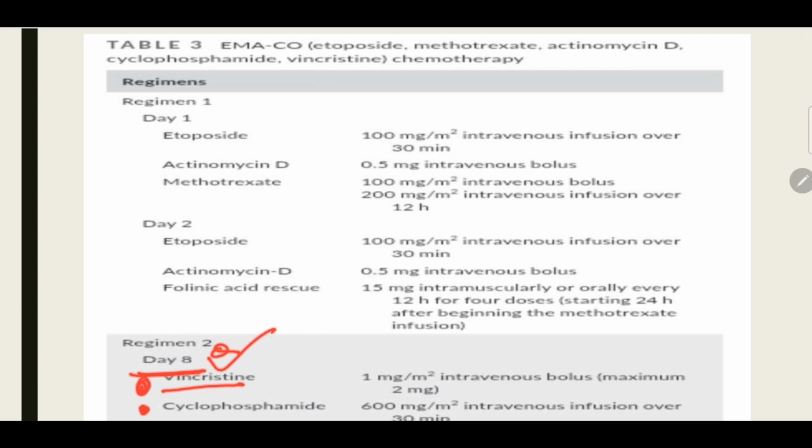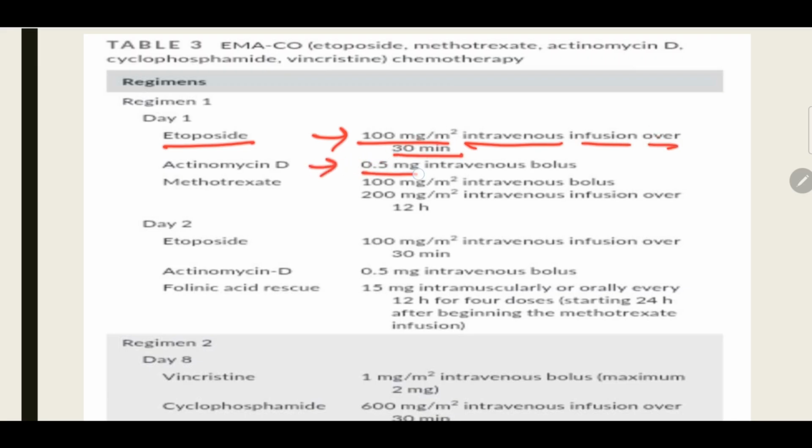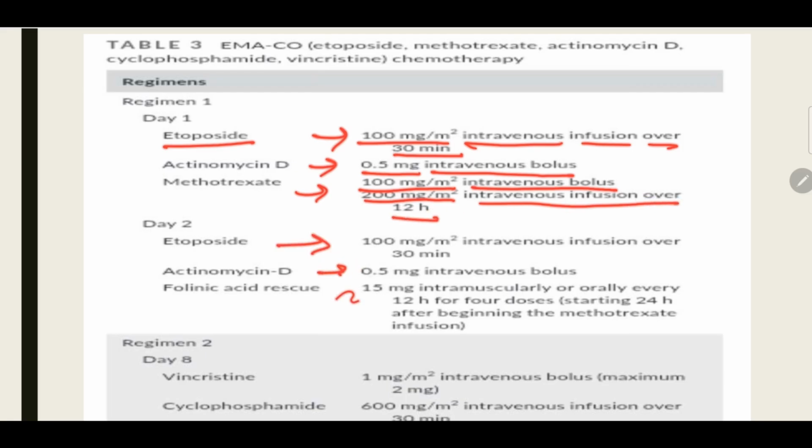Dose is that etoposide dose is 100 mg per meter square IV infusion over 30 minutes. Actinomycin D 0.5 mg IV bolus. Methotrexate 100 mg per meter square IV bolus followed by 200 mg per meter square IV infusion over 12 hours. Etoposide and actinomycin D same dose.